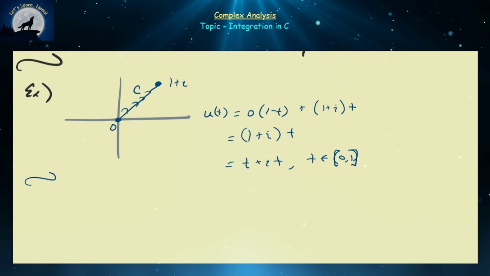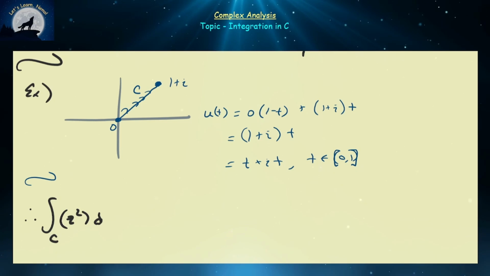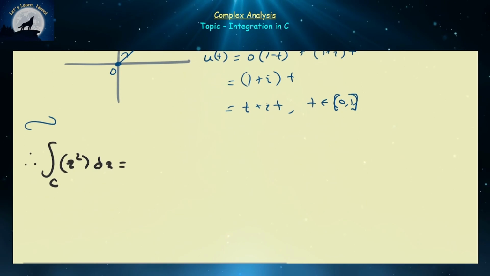All right, so let's choose a particular function to integrate. Let's find the integral over this line C of z squared dz. You might want to pause this video and see if you can do this on your own.